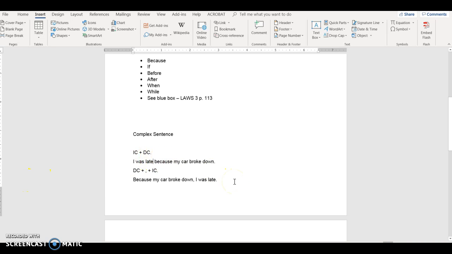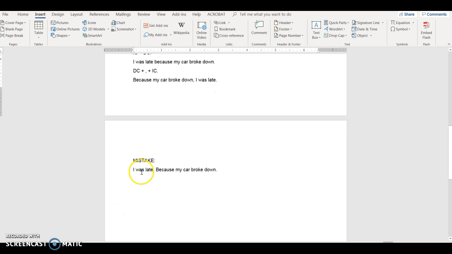A lot of people also make this mistake. I was late, period, because my car broke down, period. This, I was late, is a complete sentence and can stand alone. But this, because my car broke down, is not a complete sentence.